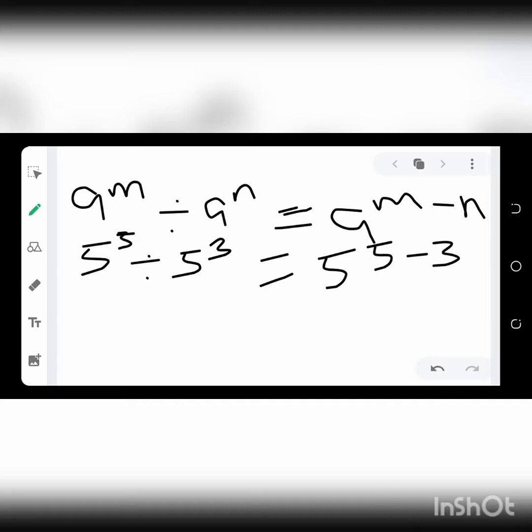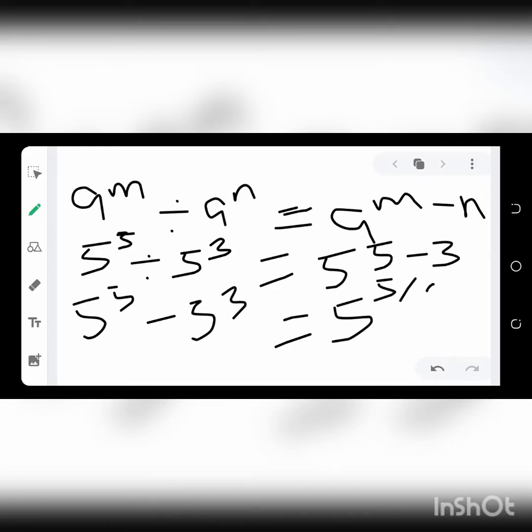Then if it was minus that I'm having, like 5 raised to the power 5 minus 5 raised to the power 3, it will simply be 5 raised to the power 5 divided by 3.